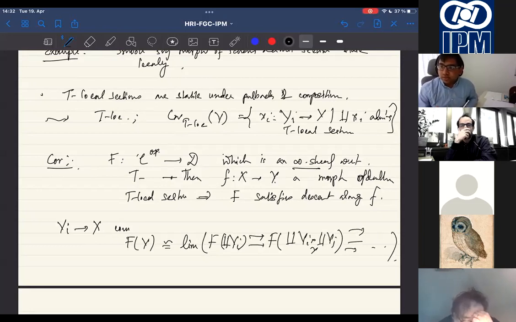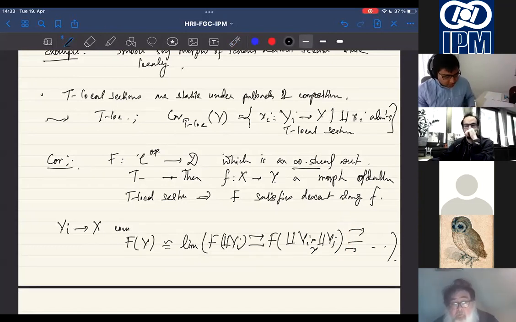In the usual one-categorical sheaf condition, the limit ends here. In the infinity categorical world, you take the limit over all the continuing fiber products. And this means that F satisfies descent along f.